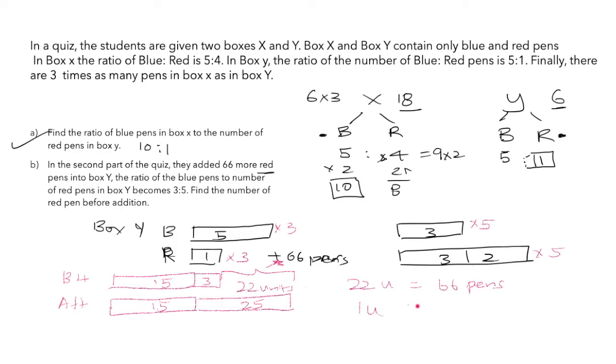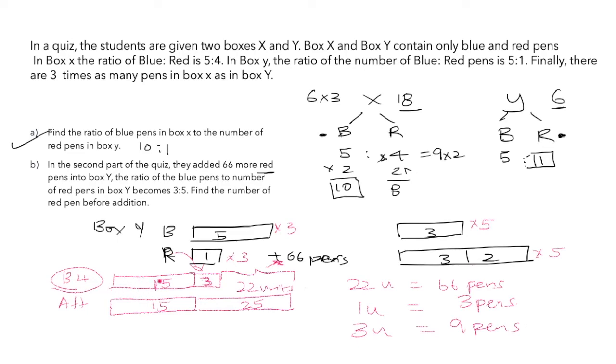1 unit will be equal to 3 pens. So over here there are 3 units, because this is the ratio before, and I am interested in before. So 3 units will give me 9 pens. Over here it is 15, so 15 times 3 will give me 45.